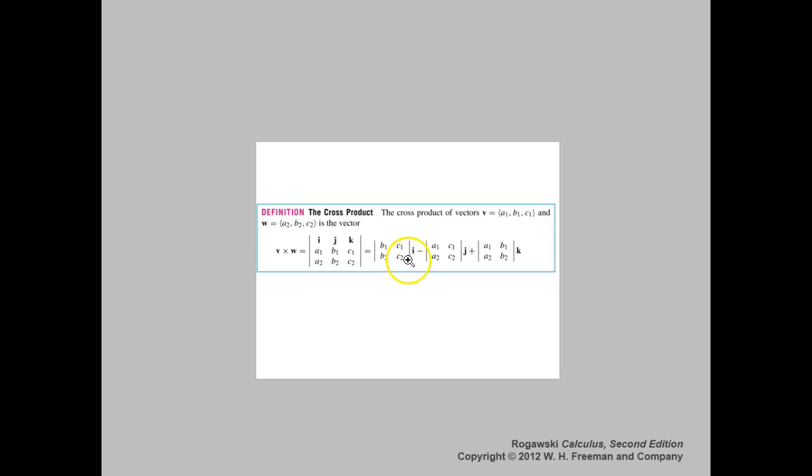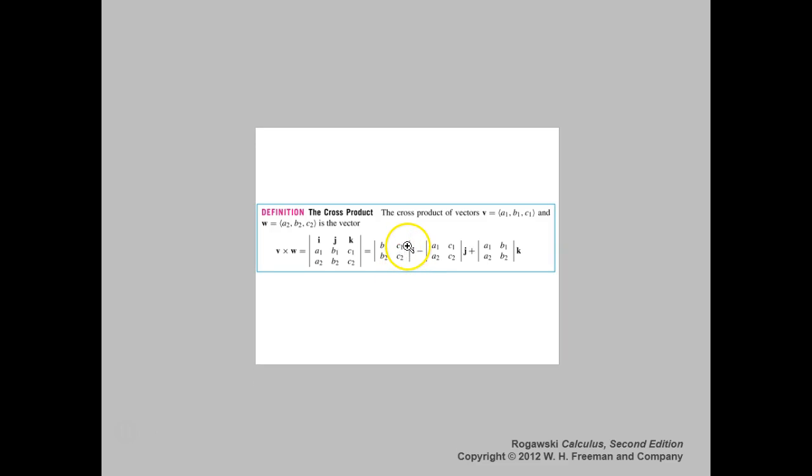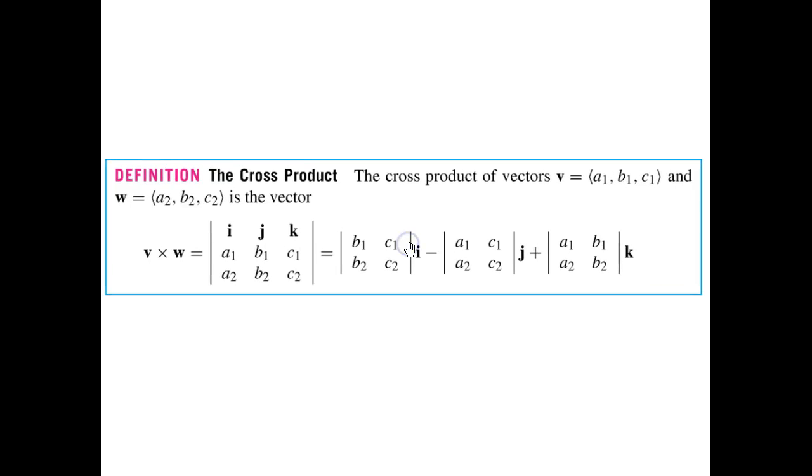Cross product of vector V, which is A1, B1, C1, with vector W, which is A2, B2, C2, is: set up your determinant, except the first row is I, J, and K. They're not components, they're just I, J, and K. And then do the components of the two vectors you're going to cross: A1, B1, C1, A2, B2, C2.